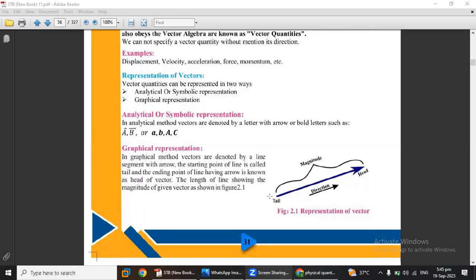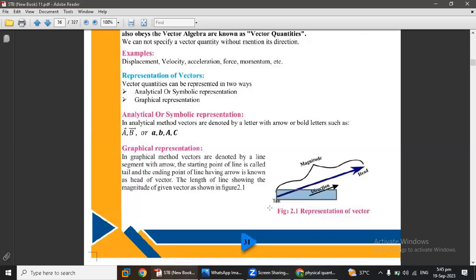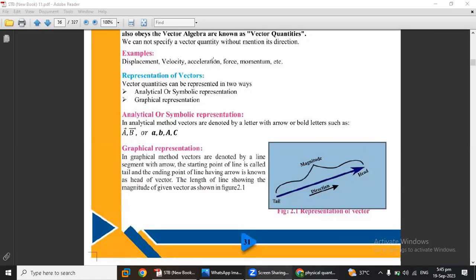Likewise, you can think of this as a graph, and on this graph we have represented, for example, a vector of 2 meter in northeast.